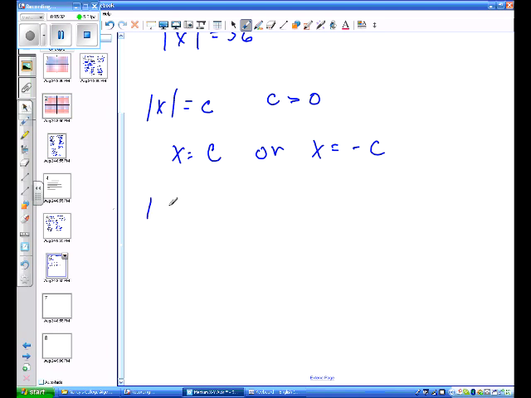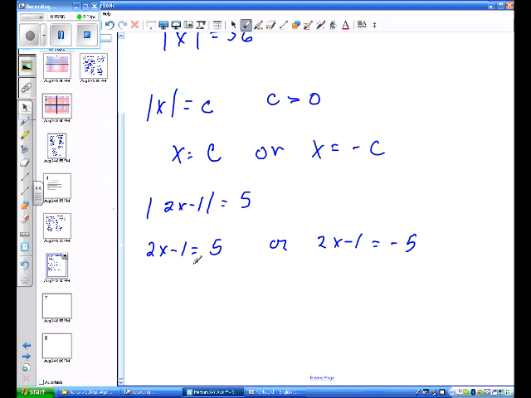If we had the absolute value of 2x minus 1 equaled 5, well, we don't know if the number inside the absolute value bars was positive 5 or negative 5. So we're going to set it up both ways. It was either positive 5 or whatever was inside was equal to negative 5.